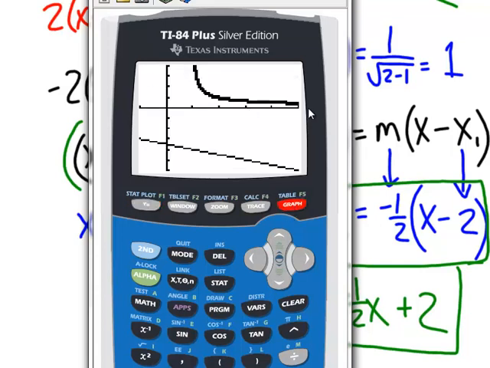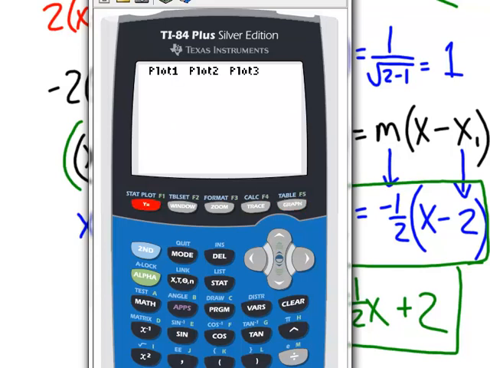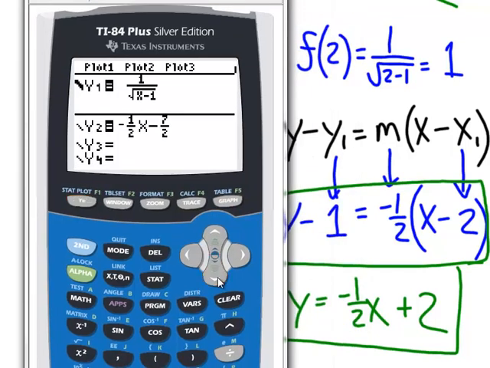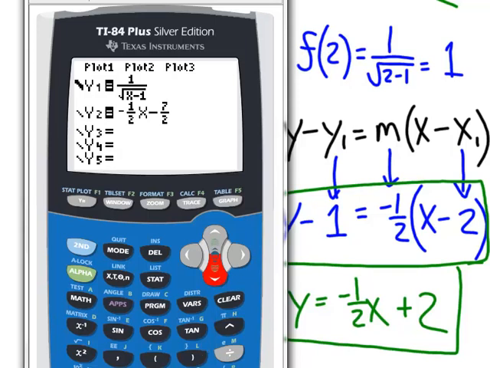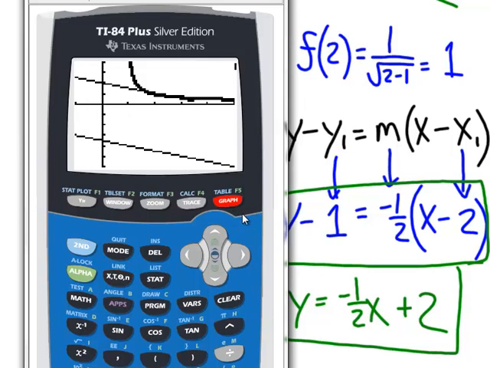So there's the function, which is pretty much what we predicted it would look like, and you see the line that we're supposed to be parallel to. And let's go to our y equals and plug in for y3, -1/2 x. I'm just going to do -0.5 x plus 2, and graph it and hold our breath.